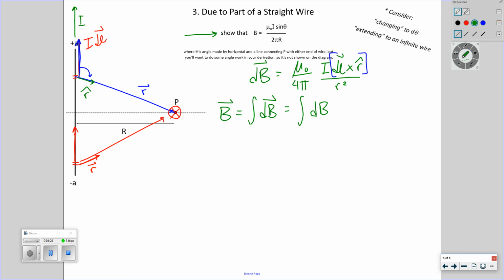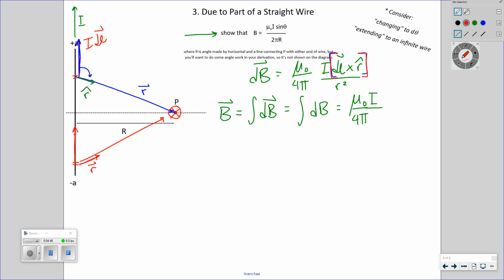So that means we do as we said to do. We integrate all the stuff above. Now I'm going to write this as mu naught over 4 pi. I'll pull the I out here because I is assumed to be constant. And then, what is the value of dl cross r hat?